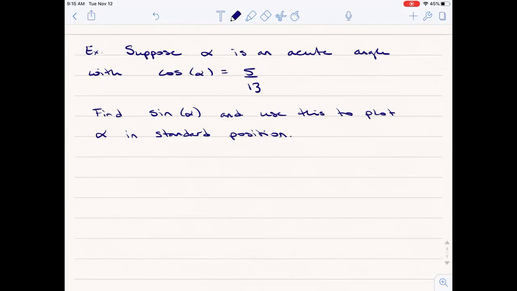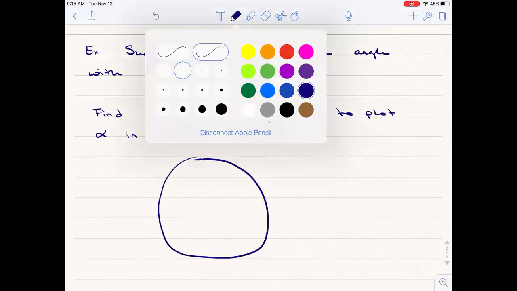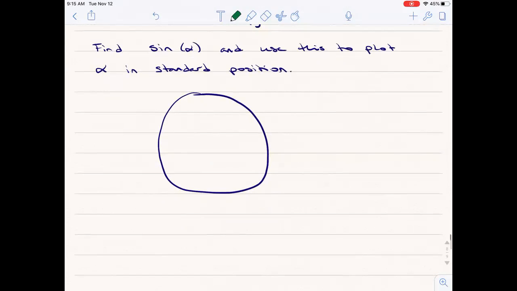A little bit of problem solving, nothing we can't handle. In fact, we've seen all of this before. If we just take a step back, we've got a circle. And if it's an acute angle, I'm going to assume it's in the first quadrant just to simplify things. Here's my y, here's my x-axis.